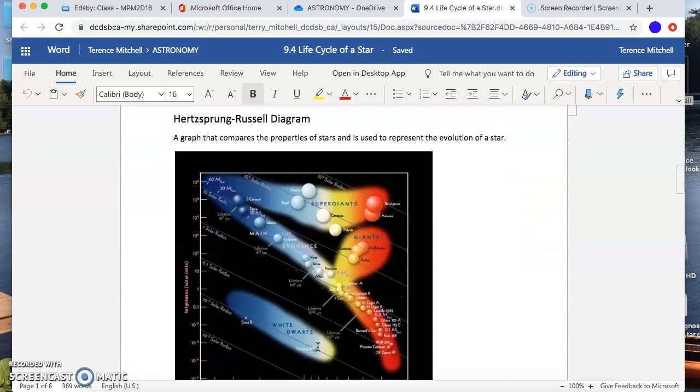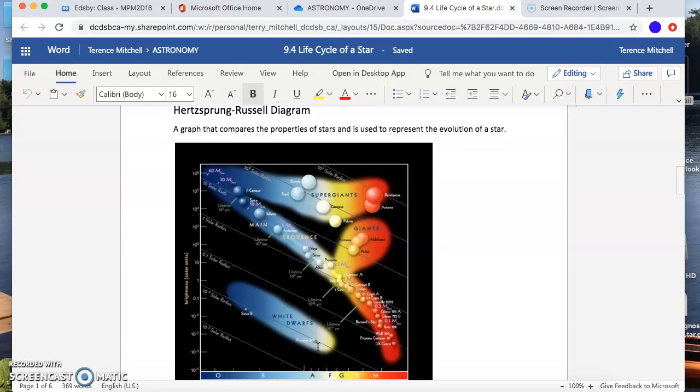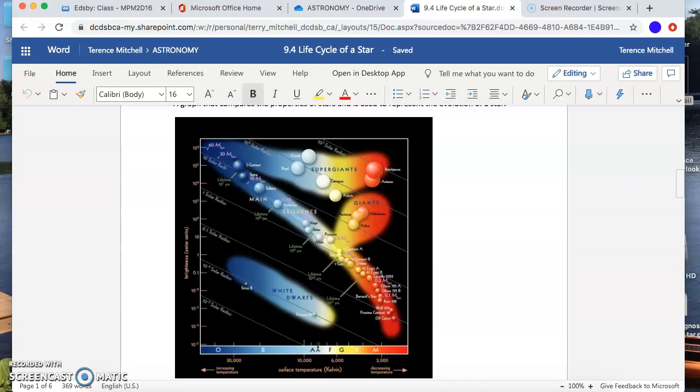So here's a Hertzsprung-Russell diagram, a graph that shows the properties of stars. We can see along the x-axis we have temperature, and along the y-axis we have the size. You can see that most stars follow a linear or near linear pattern here.